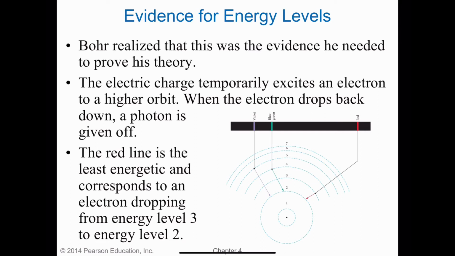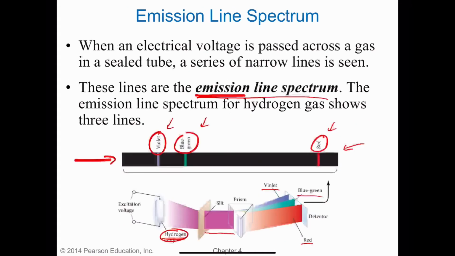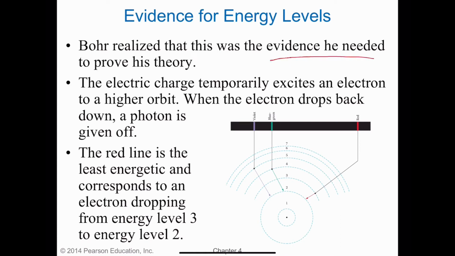Tying back to the atom, what Bohr figured out was that this business about emission line spectrums, and the fact that we were only seeing very specific colors, was the evidence he needed to explain his theory about having specific energy levels. So what's really happening? Here's the red, and we said that red was a lower energy. They've got a little arrow here going from level 3 to level 2.